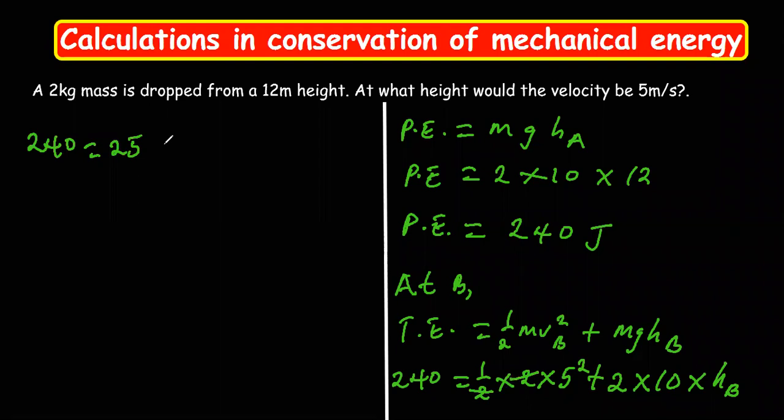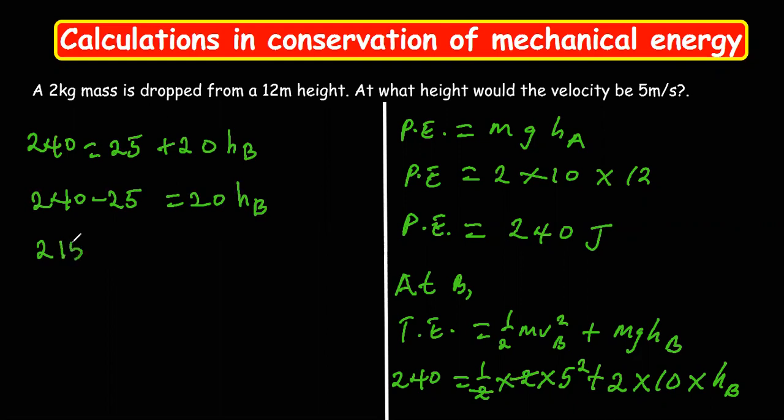So we're going to have 20 HP. We're looking for this. So again, we collect like terms here. We should have 240 minus 25 equal to 20 HP. So 240 minus 25, we should have 215. Yes, we should have 215.